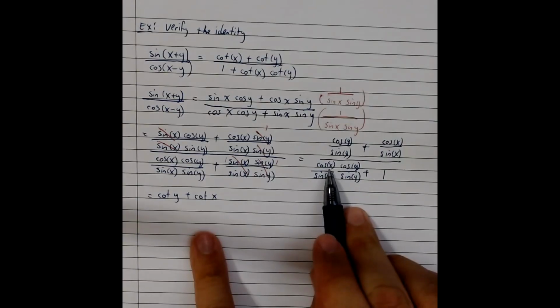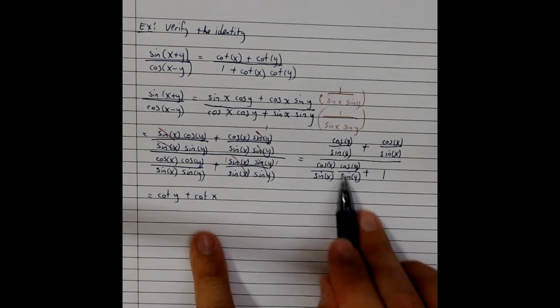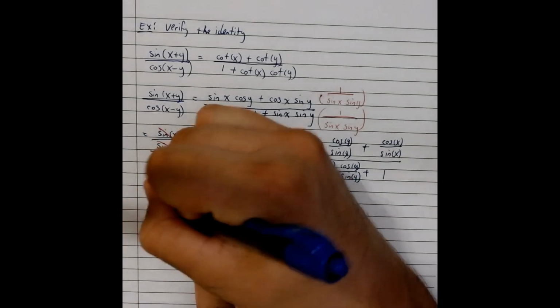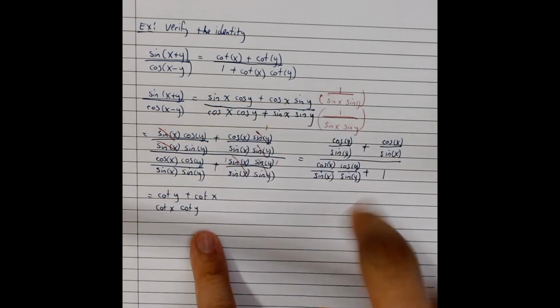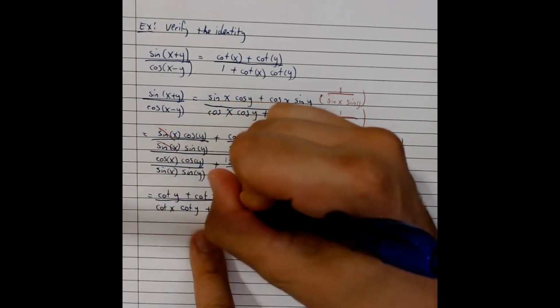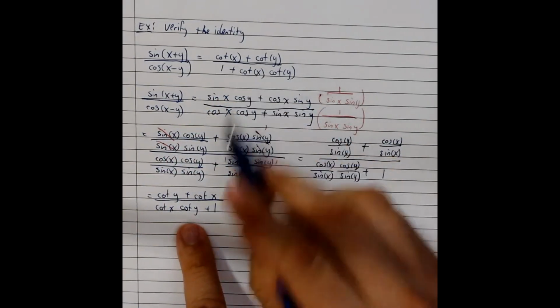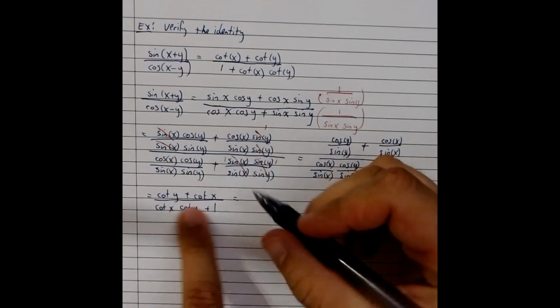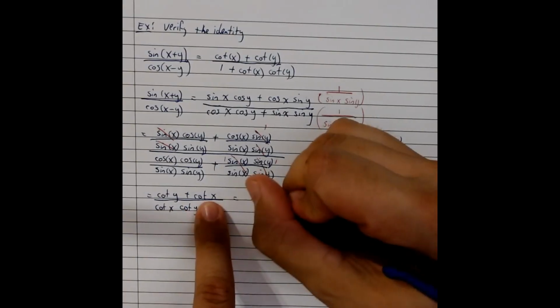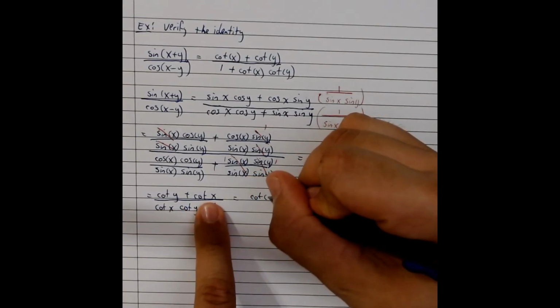And then over here I have, well, same thing. That's cotangent of x, and that's cotangent of y. So cotangent of x times cotangent of y plus 1. And now that's what I wanted. Here, addition is commutative, so I can change the order of these. The first one plus the second one is the same as the second one plus the first one.